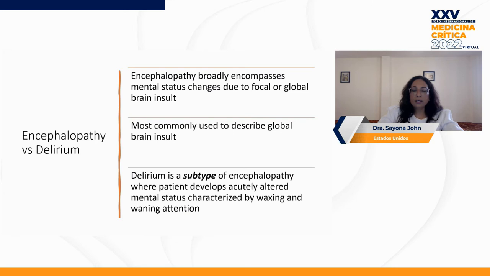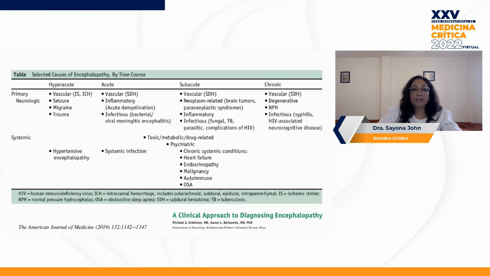In this publication, they said delirium is a subtype of encephalopathy, where patients develop acutely altered mental status and there's waxing and waning of the attention. So we moved from the DSM-4 criteria, where everything fell under the umbrella of delirium, including encephalopathy, which was a subtype of delirium, to now delirium becoming a subtype of encephalopathy.